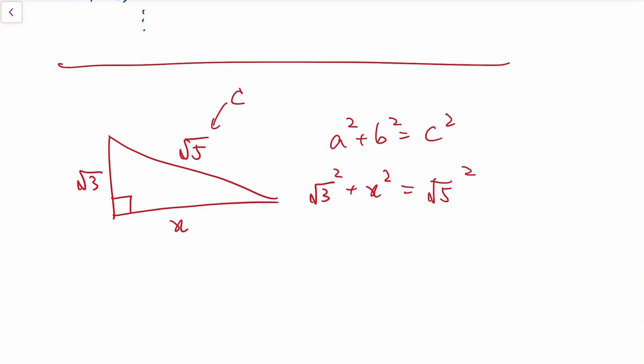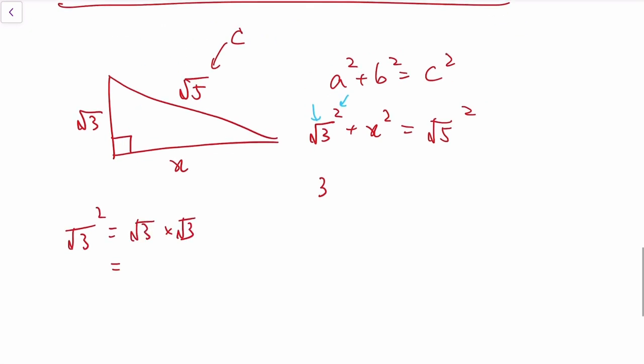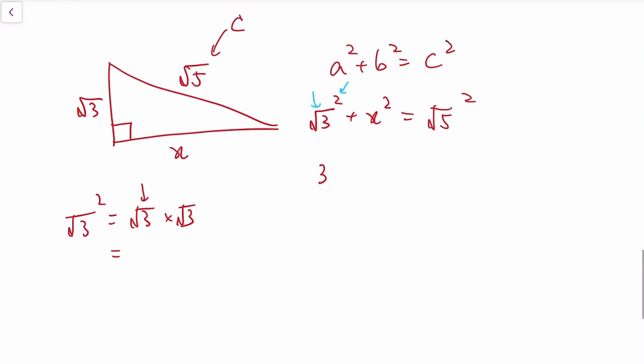Now, as I said, the square root is the opposite of square. What that means is the square root and the square would cancel out, which means the square root of 3 squared is just 3. Okay, the reason for that is square really means the thing times itself. And when you have a root times another root, you would just times the number inside.